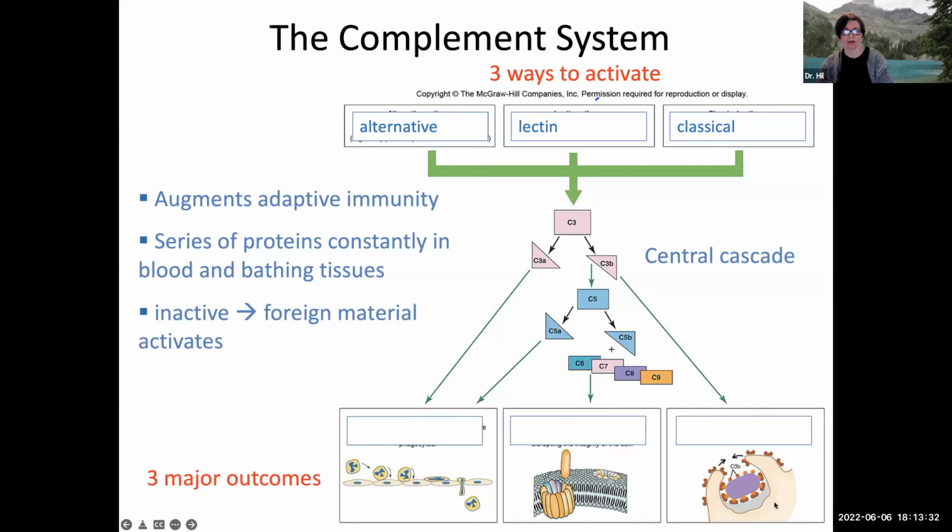What are the ultimate three major outcomes of turning on the complement system? That's right. The process of inflammation is initiated, opsonization, and cytolysis.